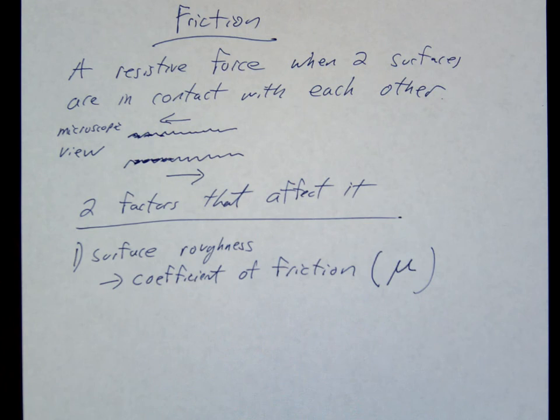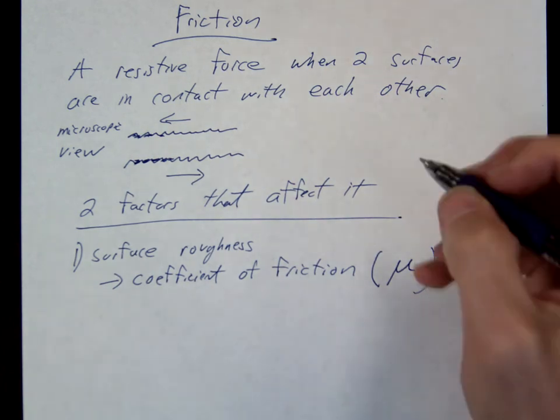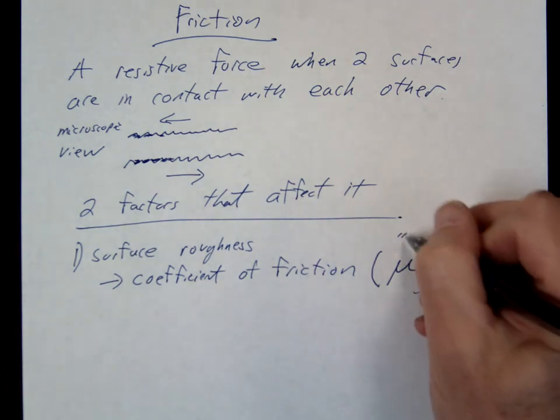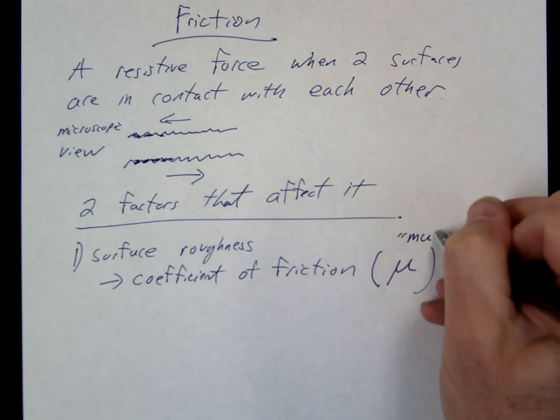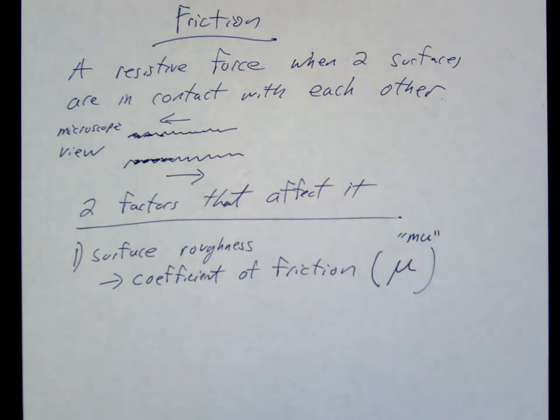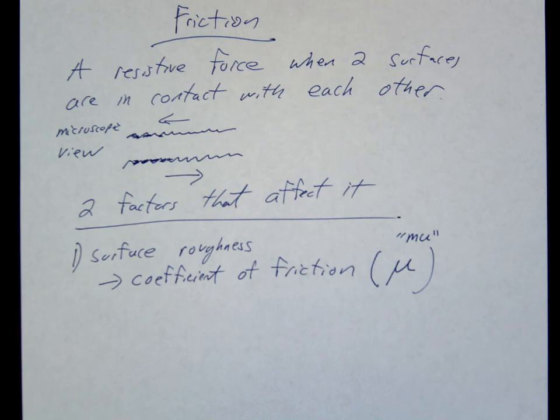Anyone know the name of that Greek letter? Mu. Good. So this is called mu. Looks like a script U, with the little tail in the front. The higher the mu, the higher the coefficient, the rougher the surface. Now these will usually be kind of small, typically under 2, maybe more typically under 1. So they'll typically be real small numbers.